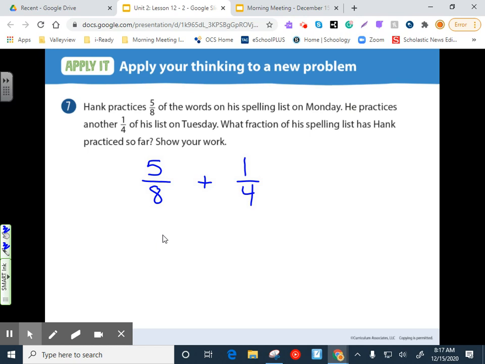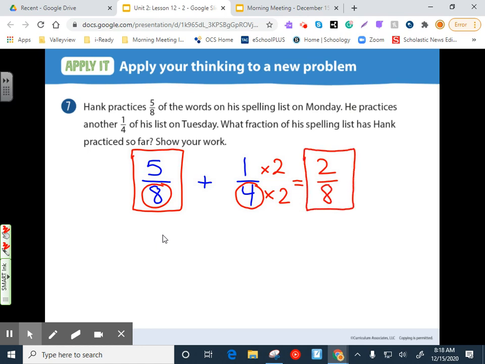So this is a problem where we don't have to list multiples and do much multiplication here, because if you look at your original denominators, you would know that 4 times 2 would give us an 8. And we could just leave this 5/8 over here just how it is. So let's do times 2, and that would give us 2 8s.